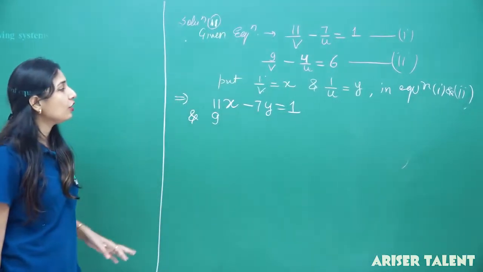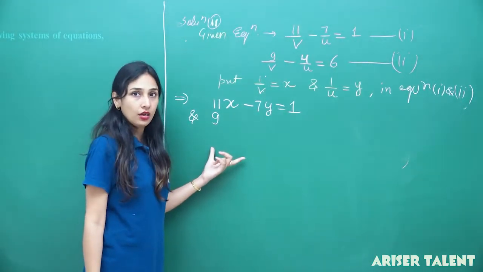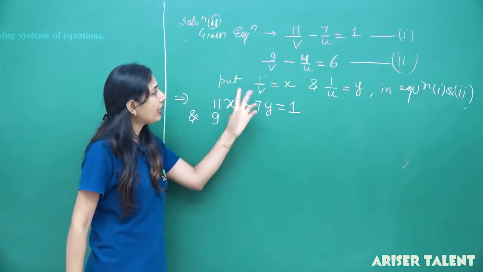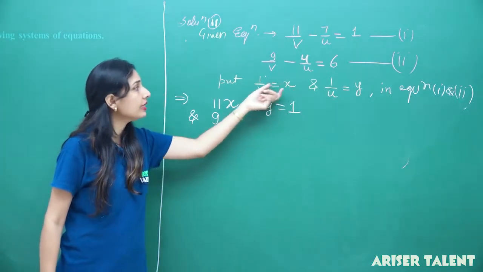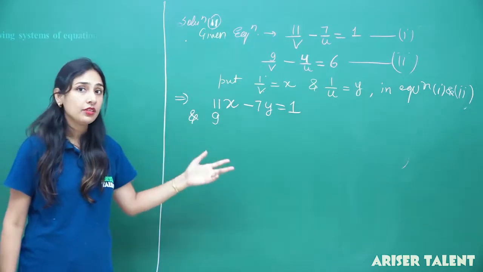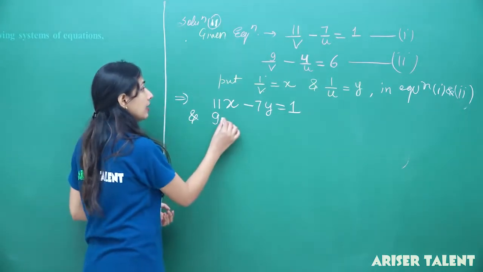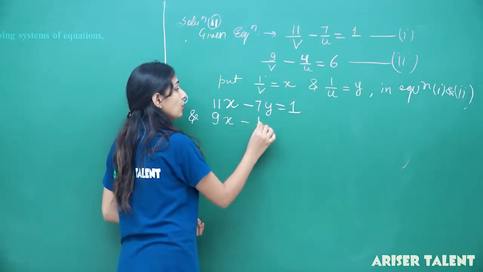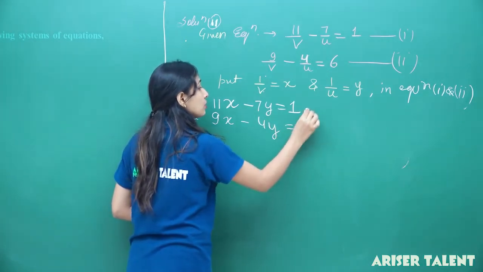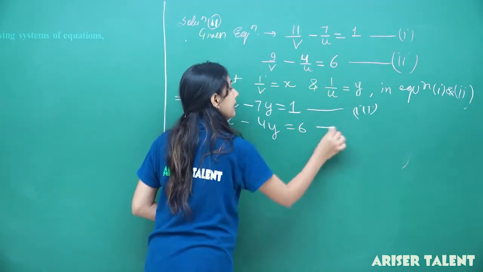Now I will be finding the value of X and Y simply how we used to do, and then if the value of X is this, then the value of V will be just the inverse of that. So this is our equation 3rd and equation 4th.